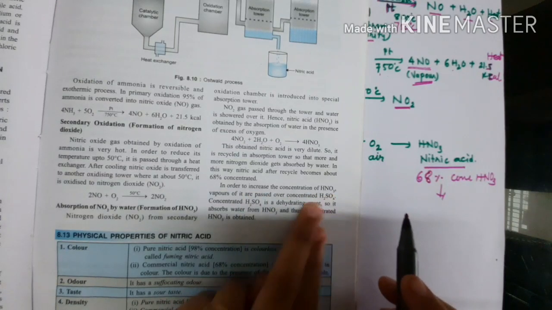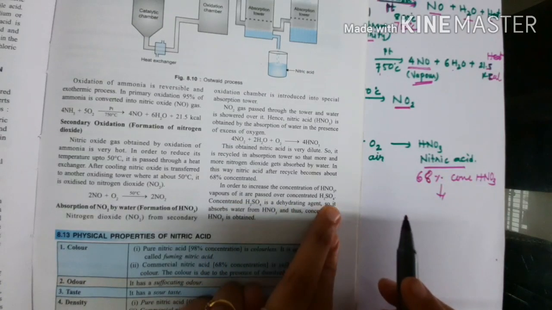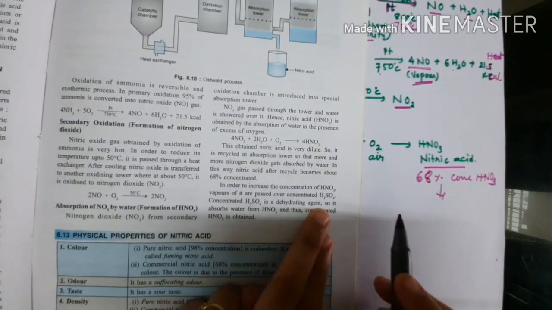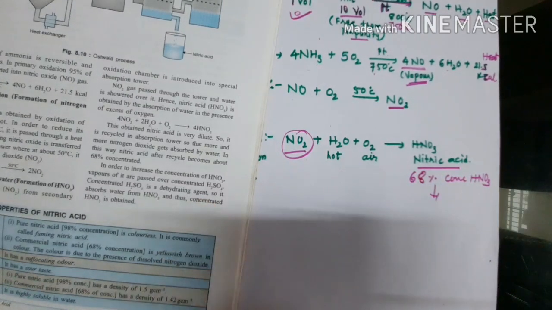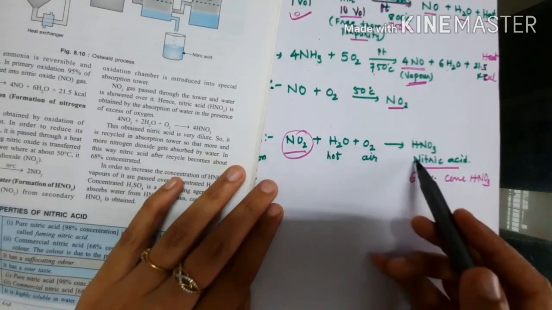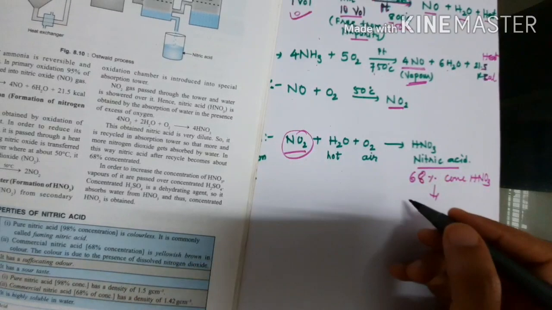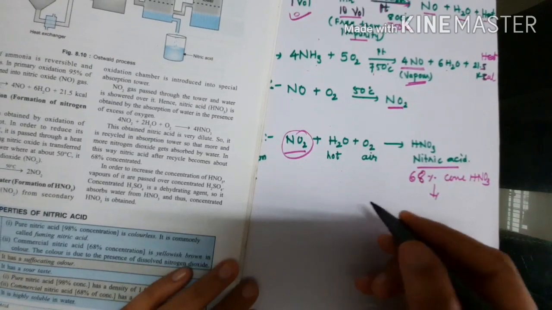To increase the concentration of HNO3 further, the vapor of it is passed over concentrated H2SO4. Concentrated H2SO4 is a dehydrating agent. If we require more concentrated HNO3, then we pass this nitric acid over the sulfuric acid.